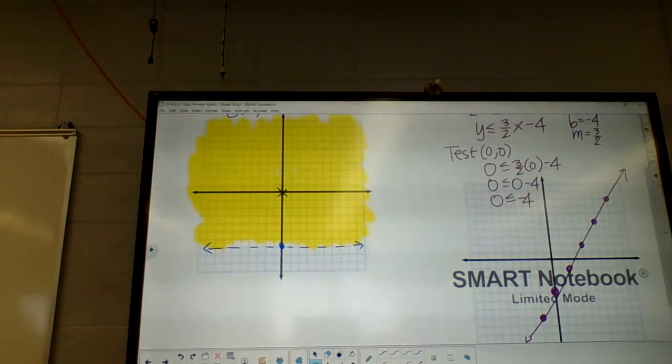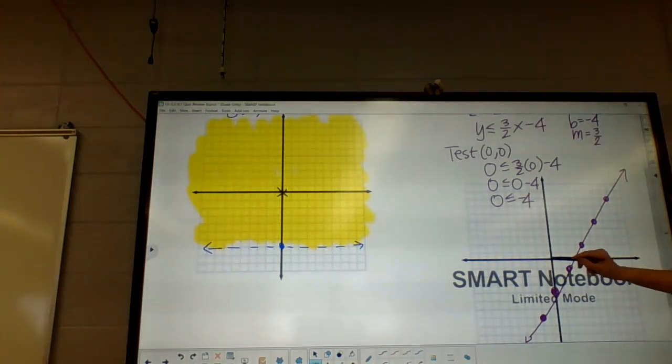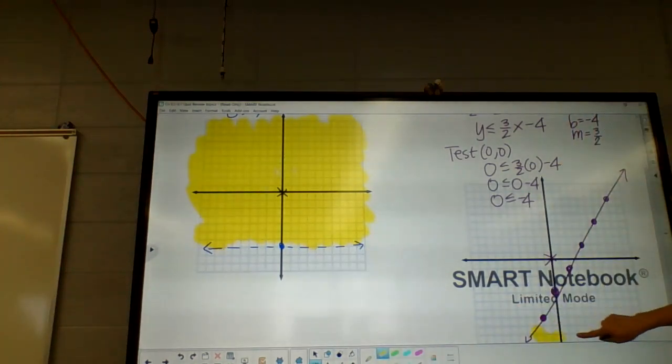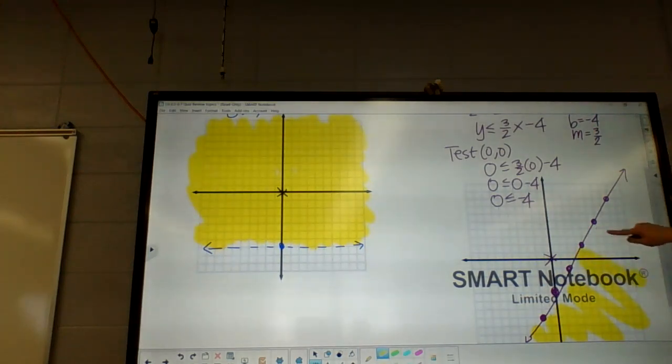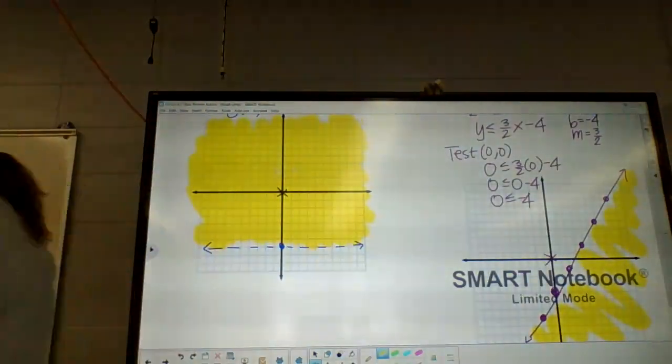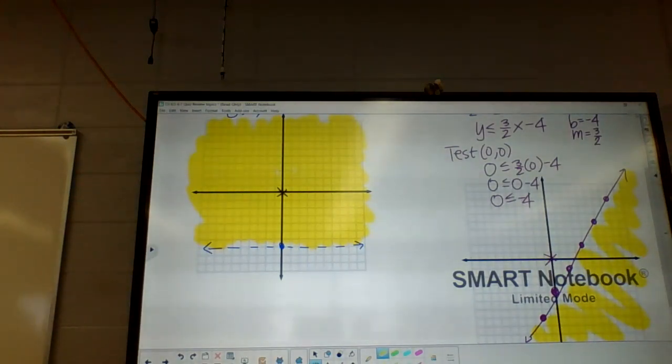Is negative 4 bigger than 0? No. So that means this point doesn't work, so I'm going to shade the other side of the line. So that's where all my solutions would be. Okay?